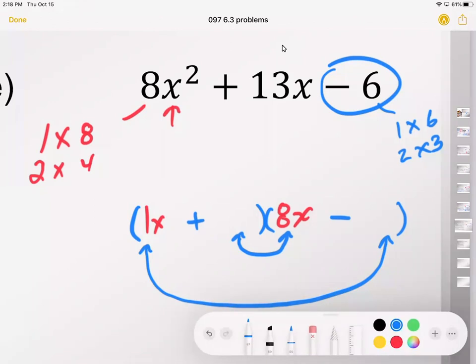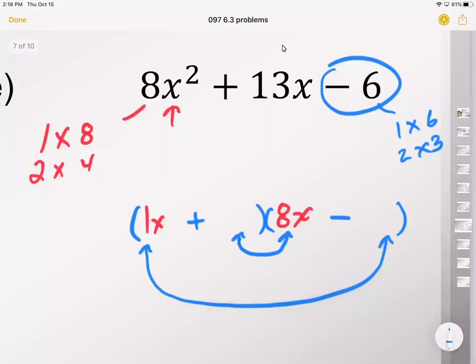I know that I don't want to use the 6 and the 1, right? Why? Because if I were to use the 6 and the 1, I cannot put the 6 together with the 8, because as long as they are both even, they have a common divider of 2. And if I put it like this, you can see that 8 times 6 will give me 48, and 48 minus 1 will not give me 13, right?